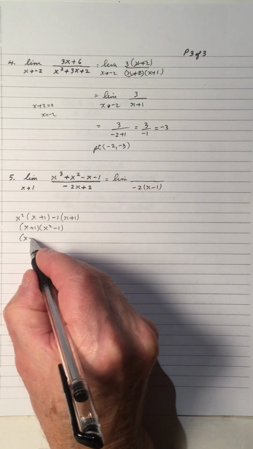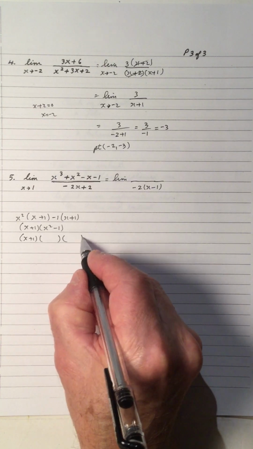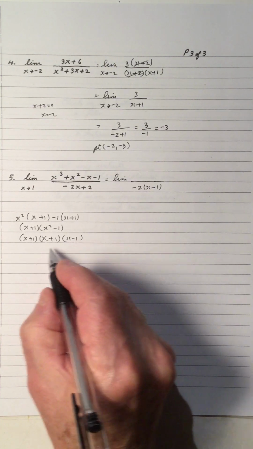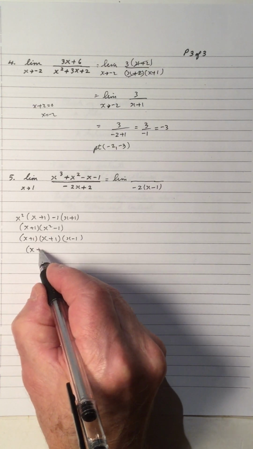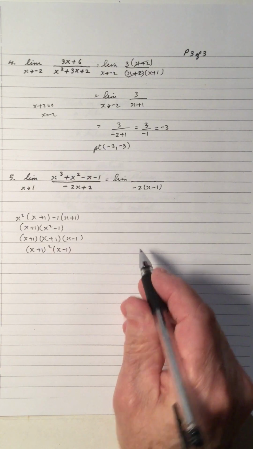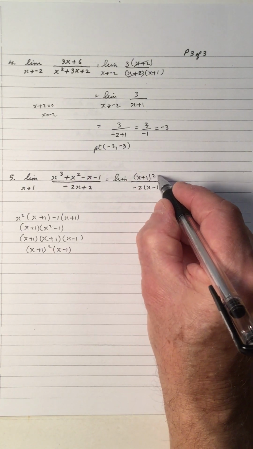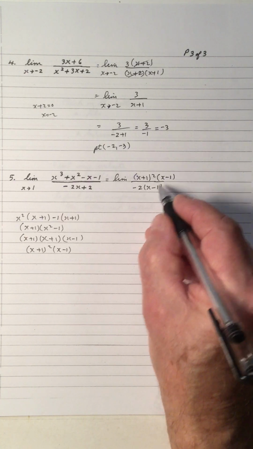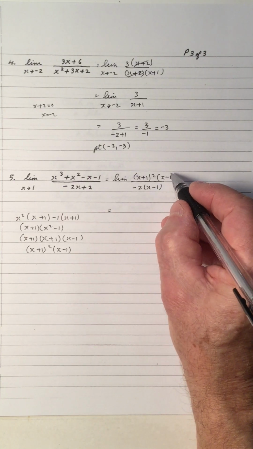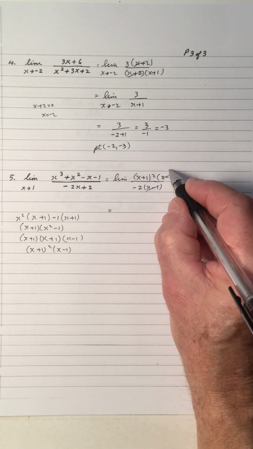So that's x plus 1. X squared minus 1 is a difference of two squares, so that's x plus 1 times x minus 1. So that's x plus 1 squared times x minus 1. And again, you can see that the x minus 1 cancels out top and bottom.